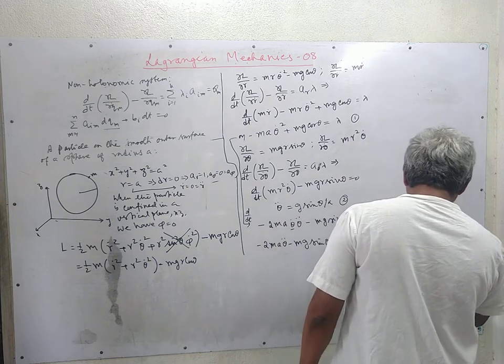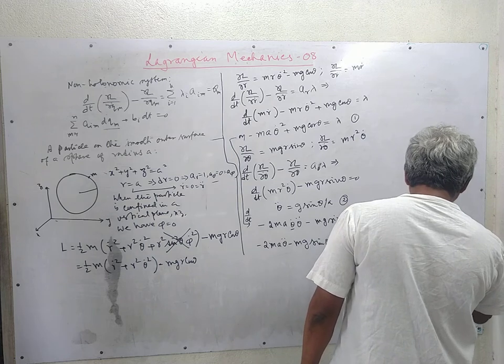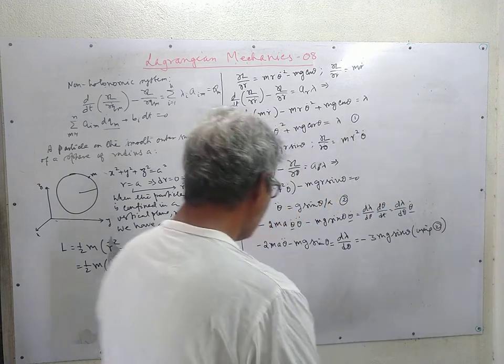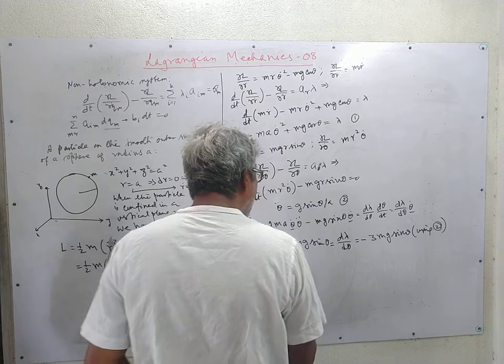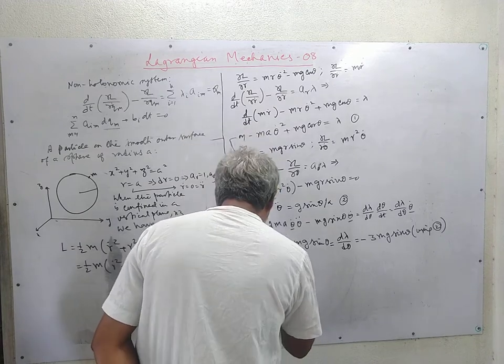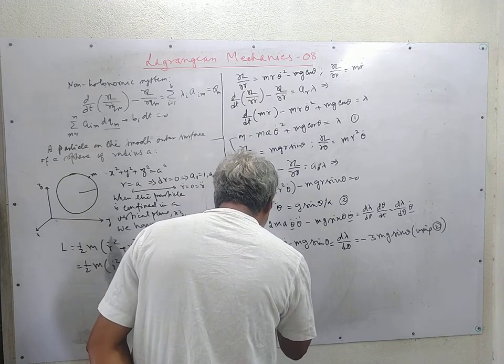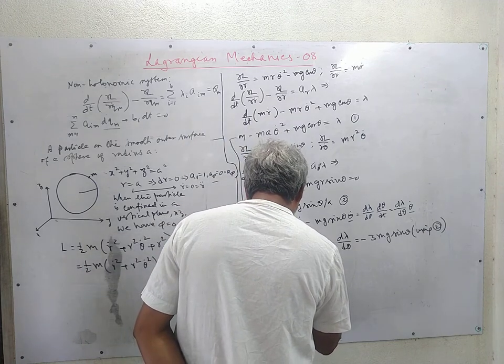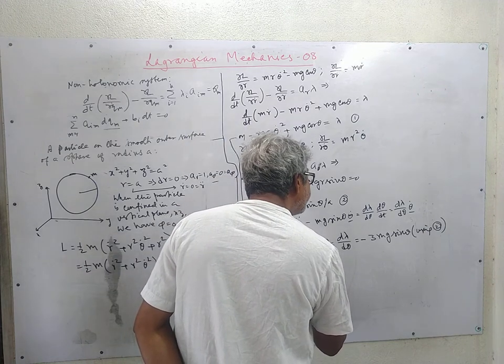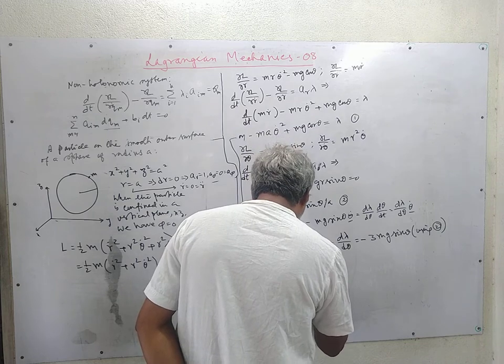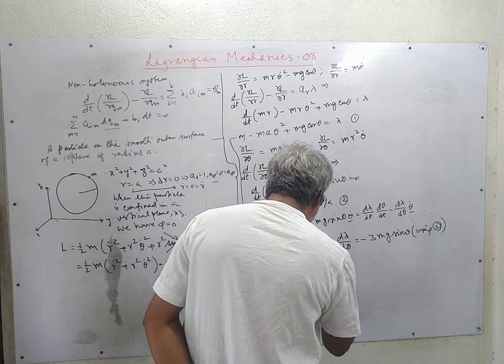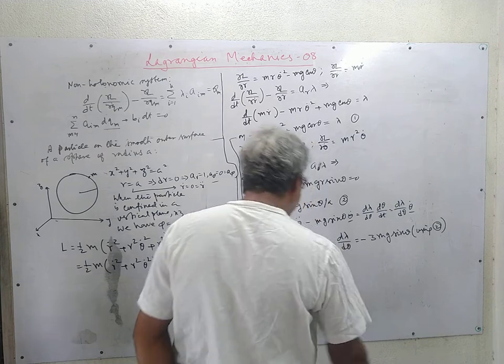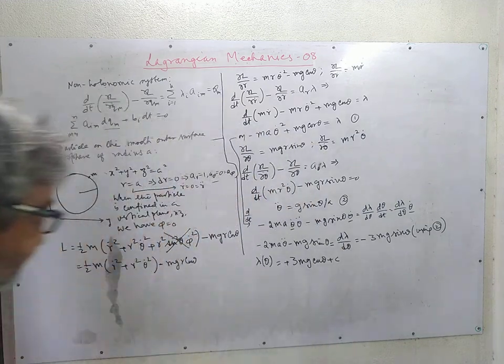So using equation 2, we integrate it. On integrating, we get λ as a function of θ is equal to 3mg cos θ plus a constant of integration c.